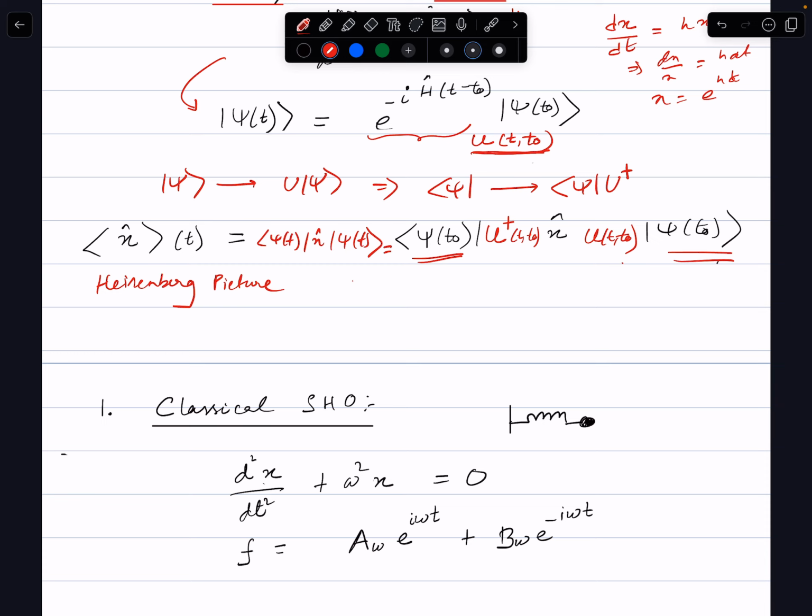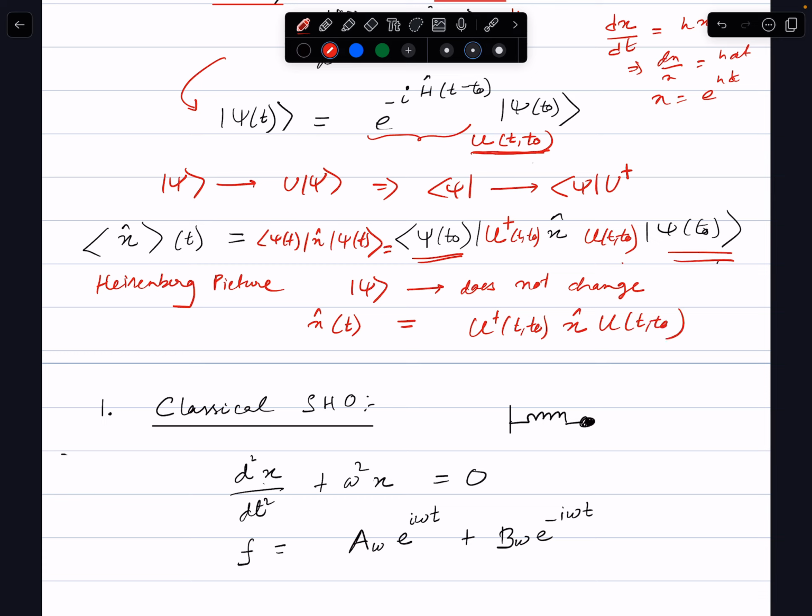It is independent of time. Psi(t0), psi(t), it's the same. But the operator X, which was not changing in the previous picture, now carries all the time dependence, and we write this as U(t0, t) X U(t, t0).